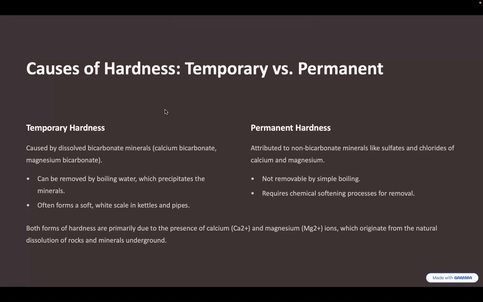However, when we boil water containing temporary hardness, the hardness can be easily removed, and we can form soft water.